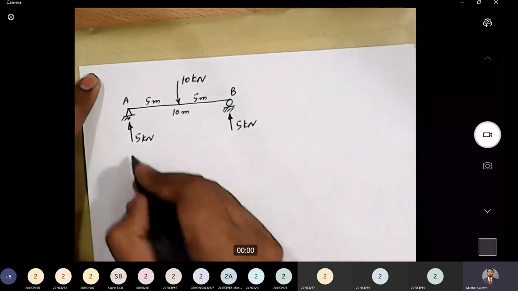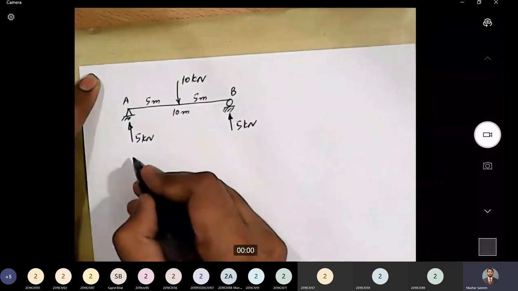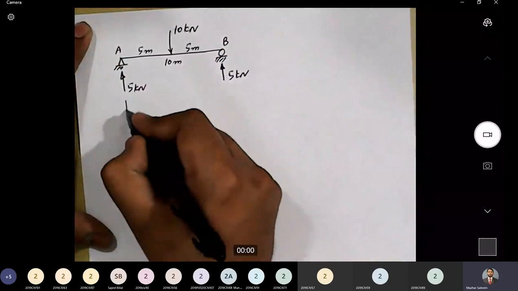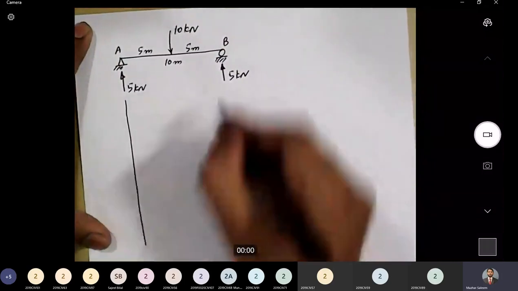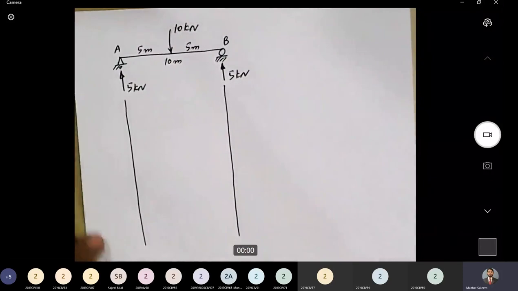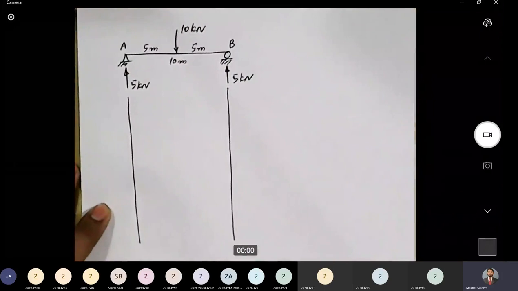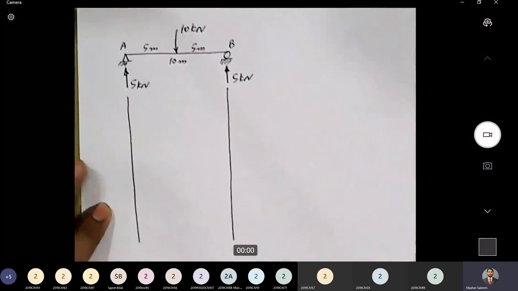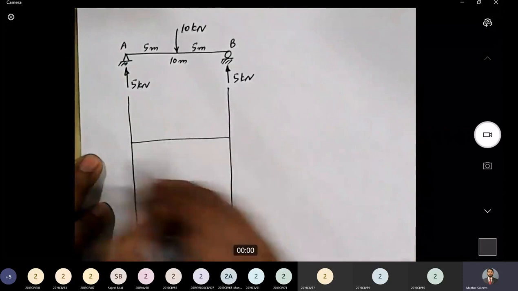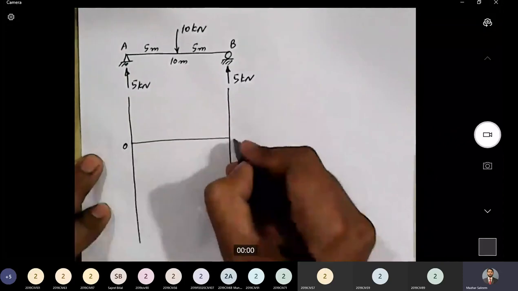Now, in order to draw the shear force diagram and bending moment diagram, I will have to draw guidelines. These are the guidelines on which I'll draw the shear force diagram and bending moment diagram. This is the 0, 0 line.